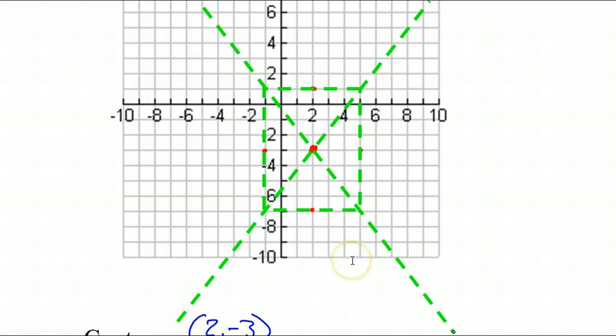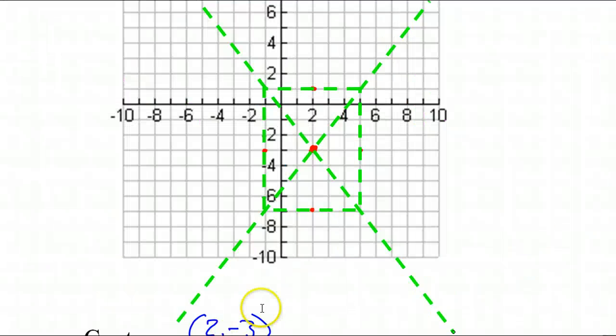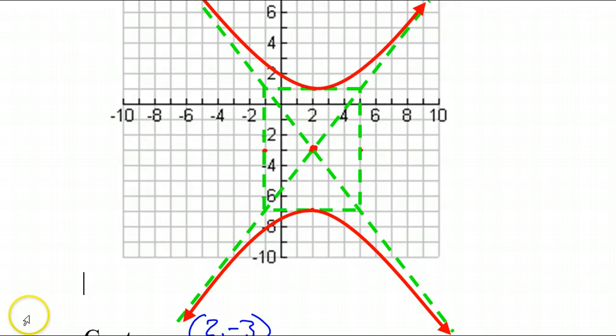Now the branches. Remember, we saw that if the y term was positive and first, then it was going to go in the y direction like this, up and down. That's important because that tells us to draw our branches in the top and in the bottom. So let's go ahead and do that now. And there it is. That's what your graph should look like.